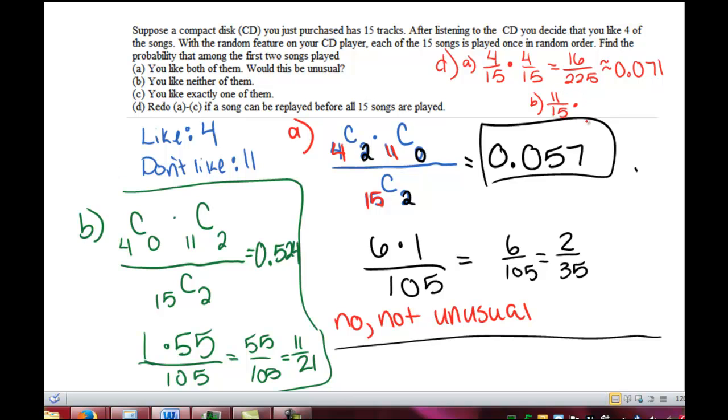Because we're putting the song back in the mix, the probability remains the same for the second choice. And so we're going to end up with 121 out of 225, which will give us 0.5377 or 0.538.